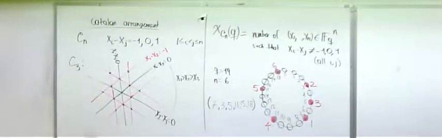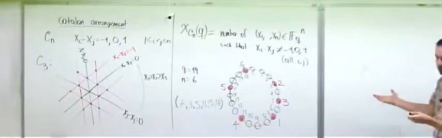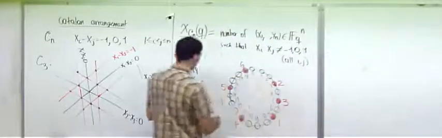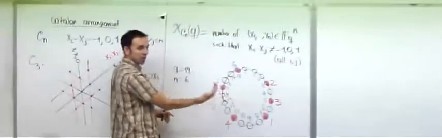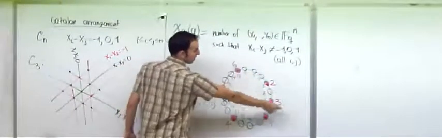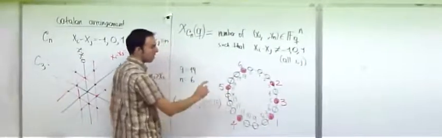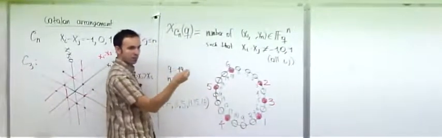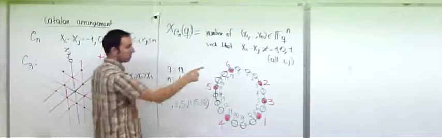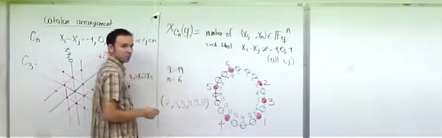So clearly this is a bijection, right? For any string like this, I can write down the numbers, and the condition is that these numbers are all labeled differently with the numbers from 1 up to n, and I'm not going to have two neighbor red dots. That's what it means to be off of these hyperplanes.